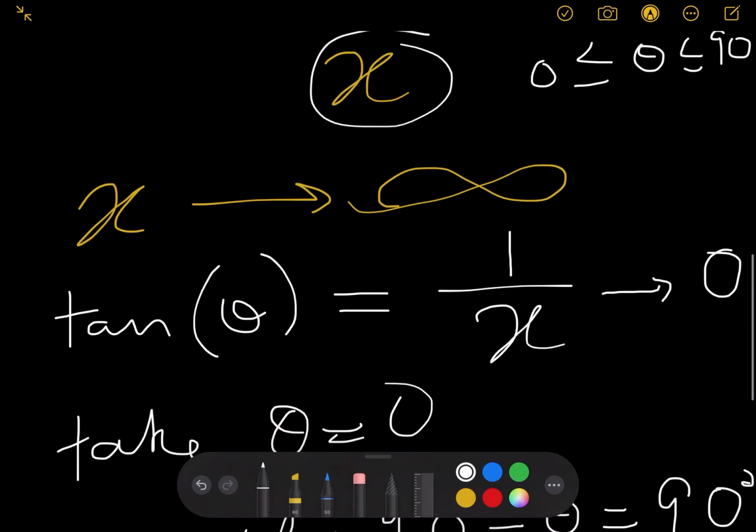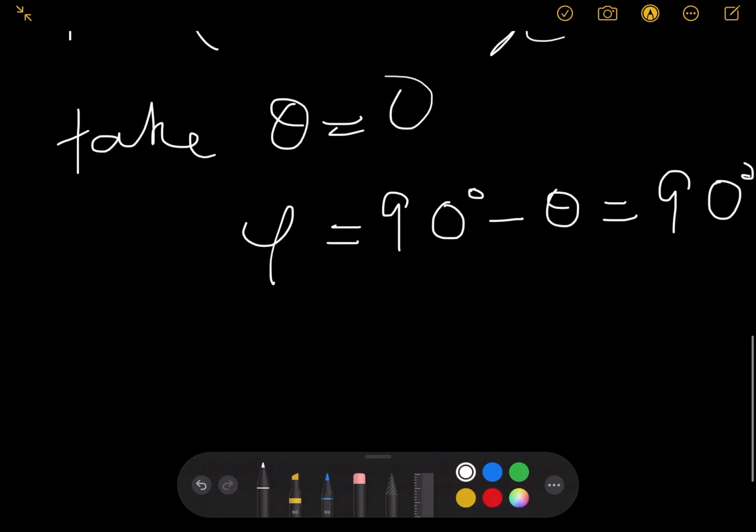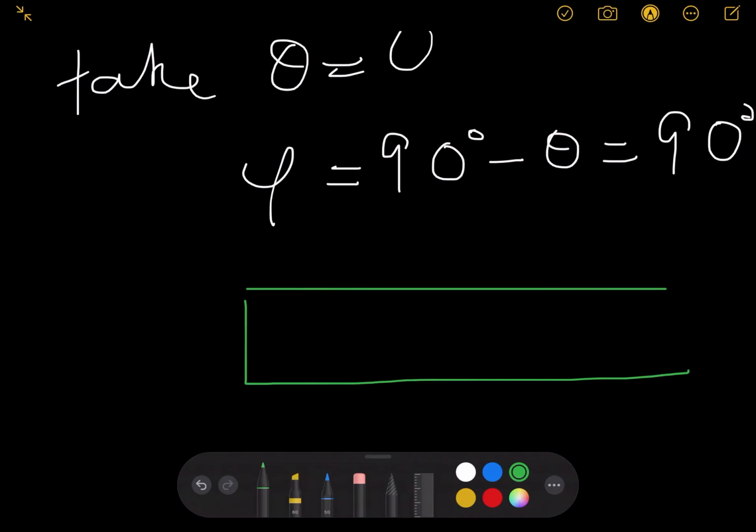So if phi is 90 degrees, then imagine what this figure would look like. This figure would look like this. You have a vertical line, you have a horizontal line, and you have another horizontal line, right? So these two are actually parallel to each other, because this angle is 90 and this angle is also 90. So these should meet over here. That's the extent of how terrible my drawing skills are.